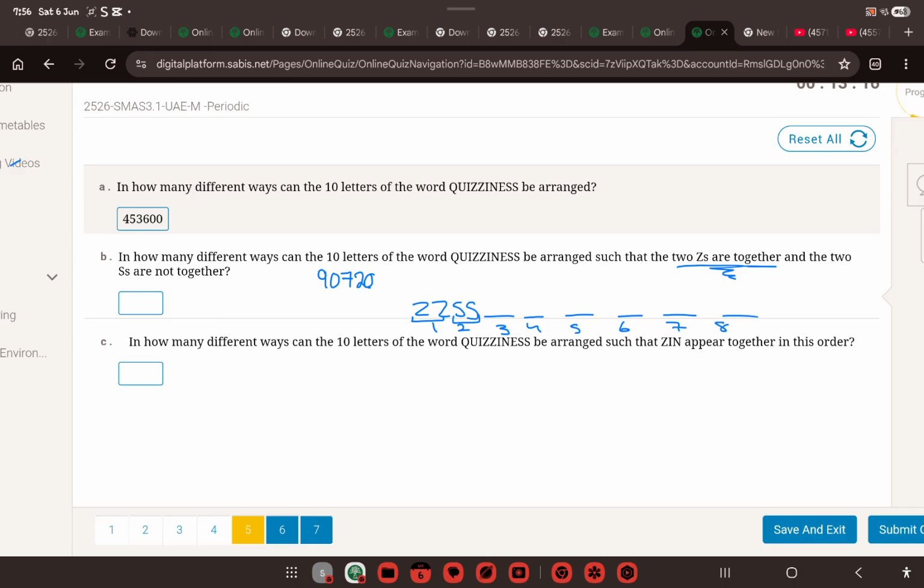So we have 8 factorial. You have the 2 Z's and the 2 S's, but we still have the 2 I's. So we do 8 factorial divided by 2 factorial. You should get 20160, and then you do this one minus the answer that you got on the calculator.